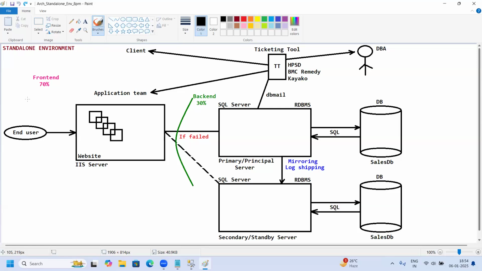But one thing. That customer, the end user, is our customer who has visited our website. He is purchasing some products, right? He made some payment. He should be recorded. All his information is recorded in SalesDB, every information.